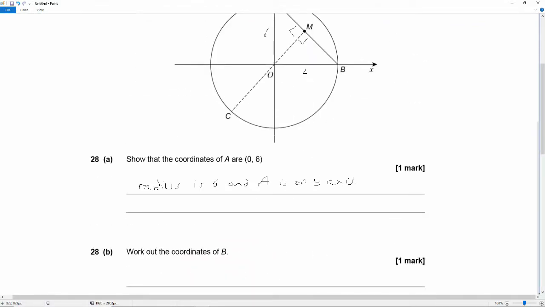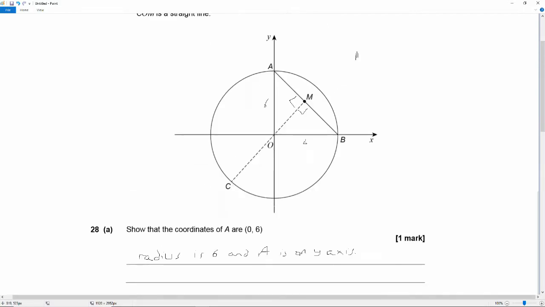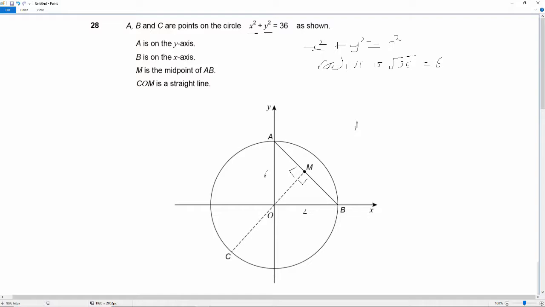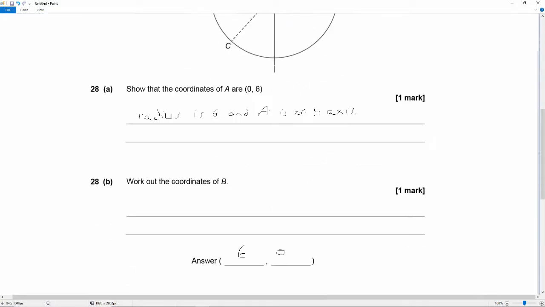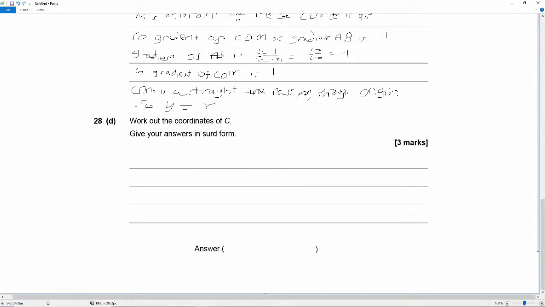Every point on the circumference of the circle has to satisfy x squared plus y squared equals 36. But we know that y equals x.